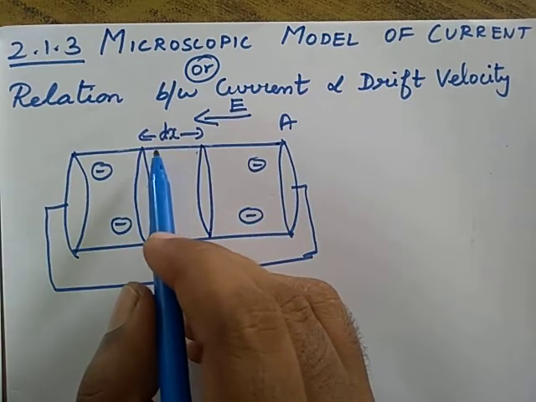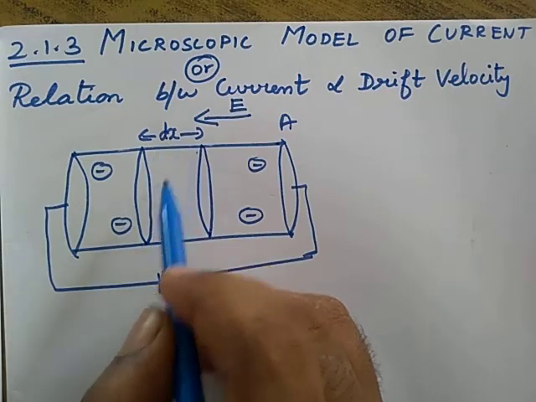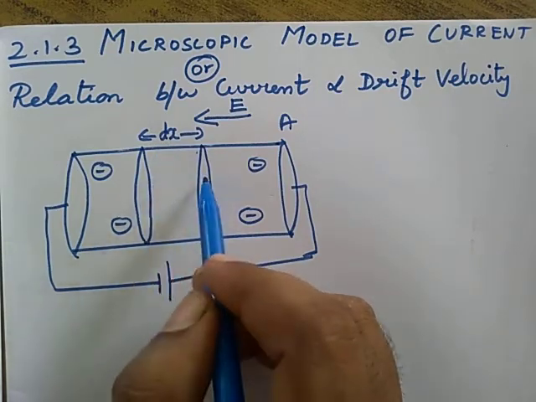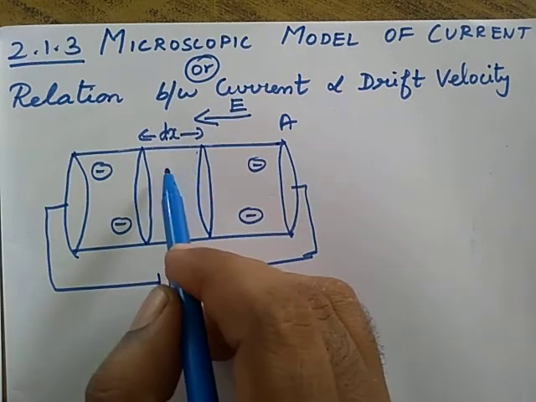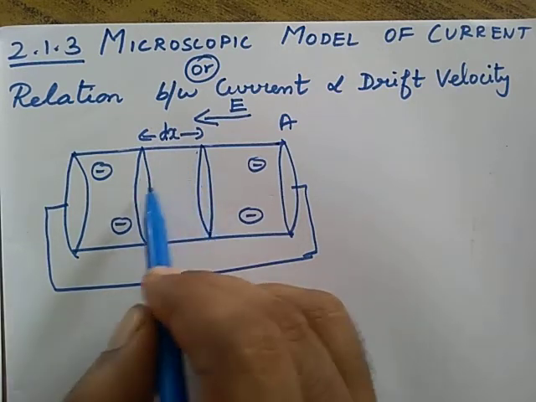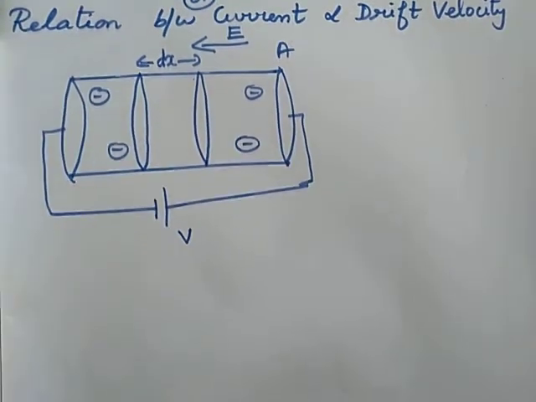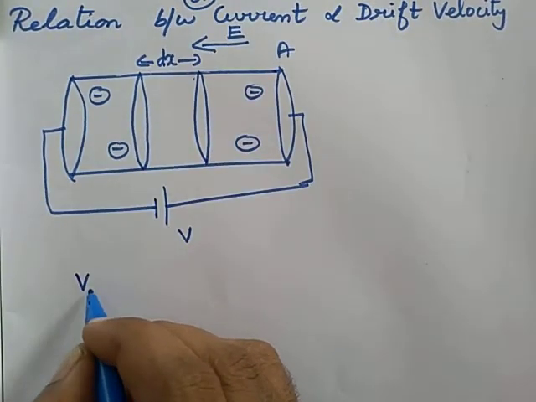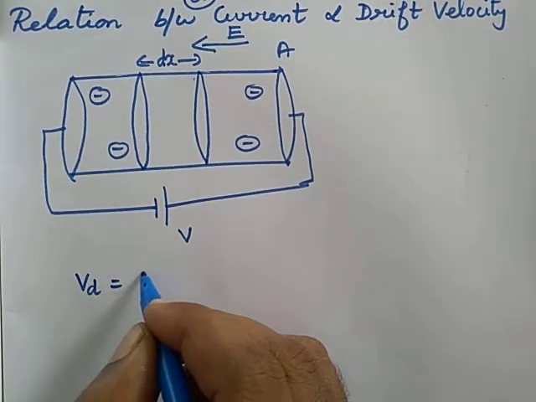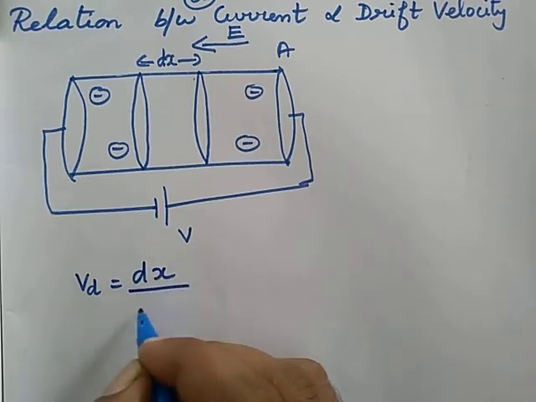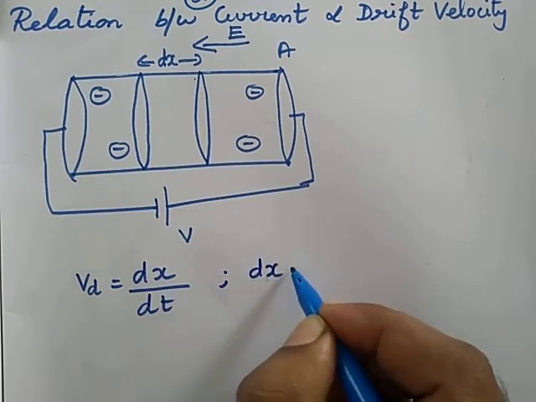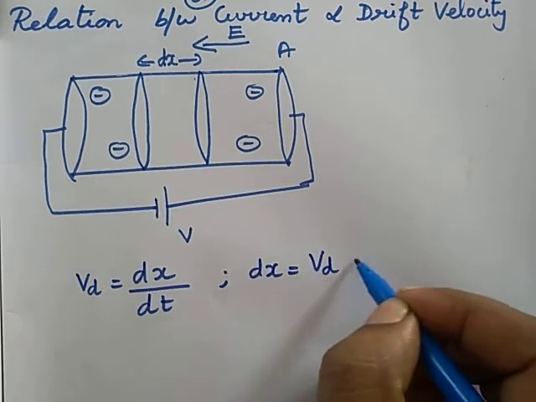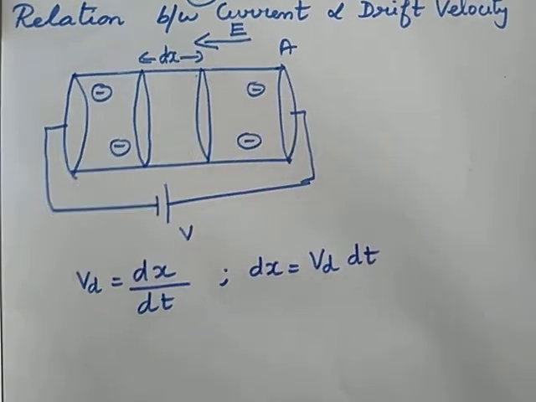At a time interval dt, it crosses the distance dx. Then drift velocity can be written as Vd is equal to dx by dt. Then dx can be written as Vd into dt.